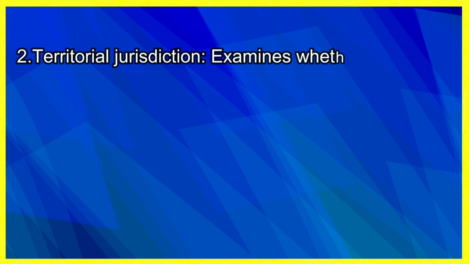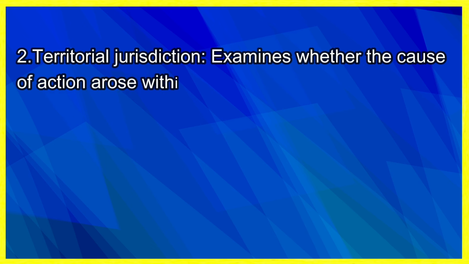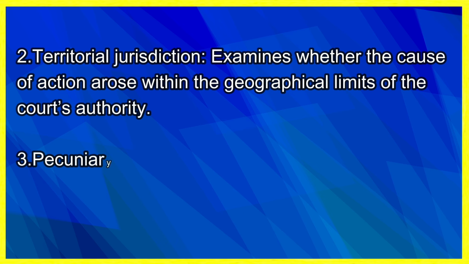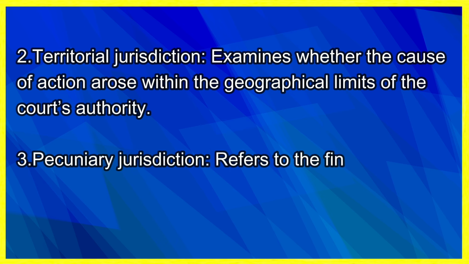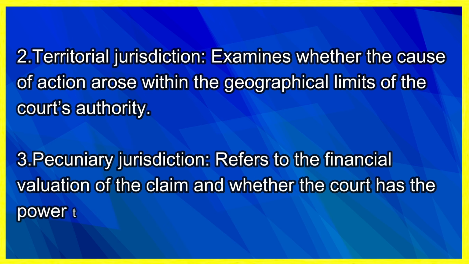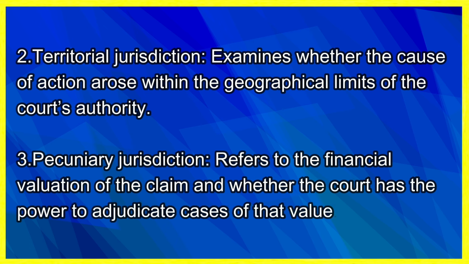Secondly, territorial, that is, the dispute must have taken place within the territory of that particular court. And finally, the pecuniary jurisdiction, which refers to the financial valuation of the claim and whether the court has the power to adjudicate the case.